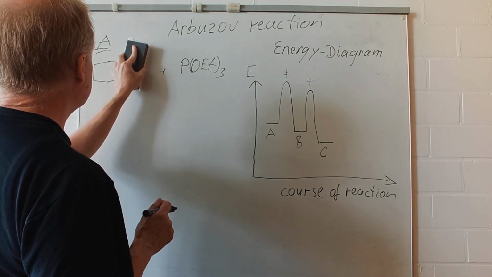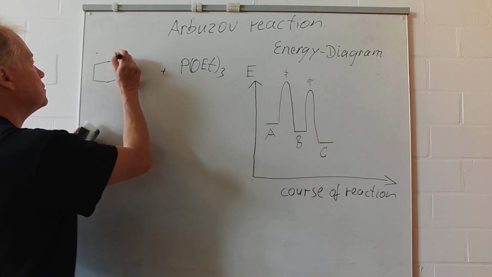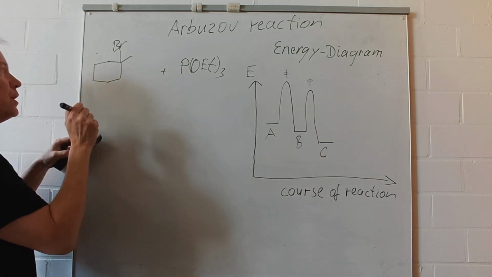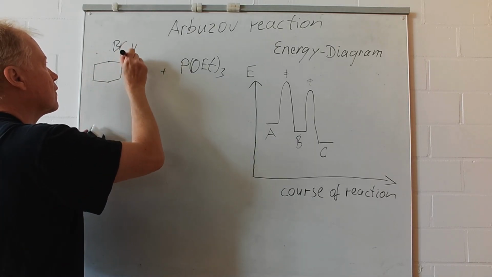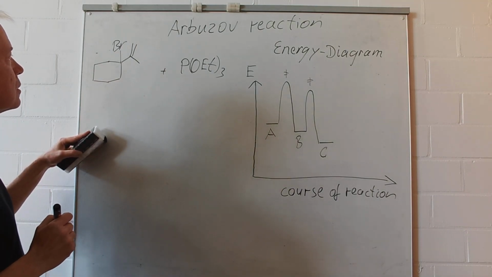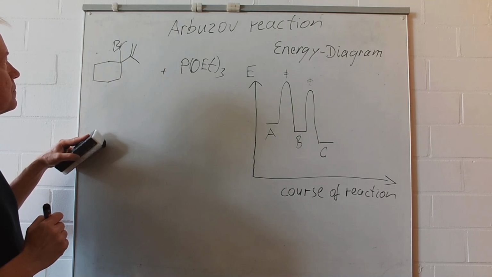And let us change a little bit here in the starting material. This time a tertiary bromide with a vinyl group, actually a propenyl group, attached.